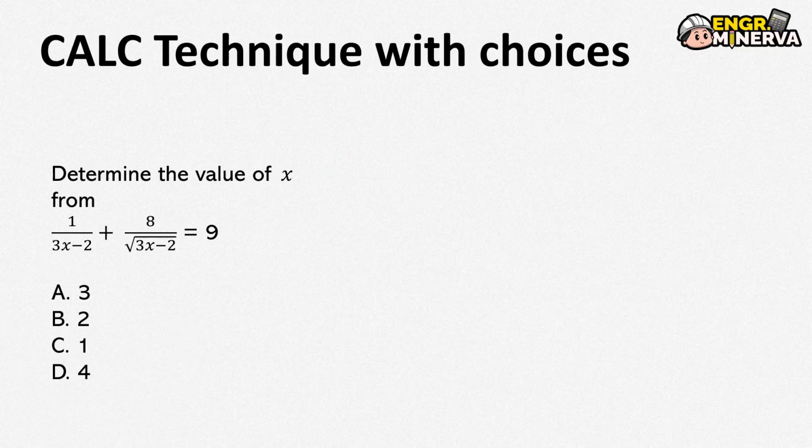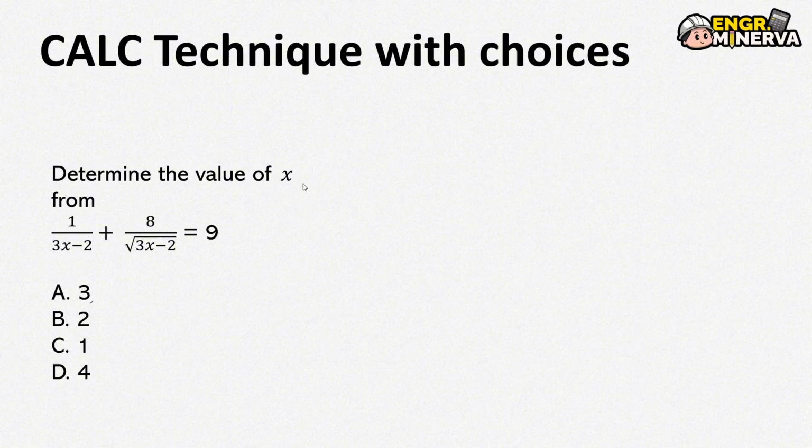So the usual way that we can solve this problem is by using shift solve. But since sometimes using shift solve takes a lot of process, or time rather, we will use the calc technique. So how can we use the calc technique here?